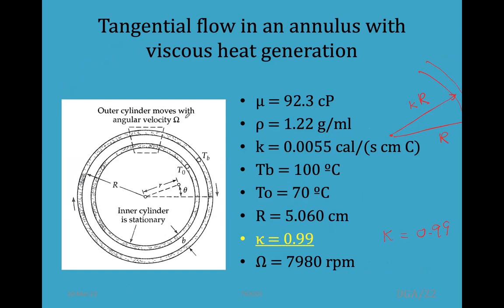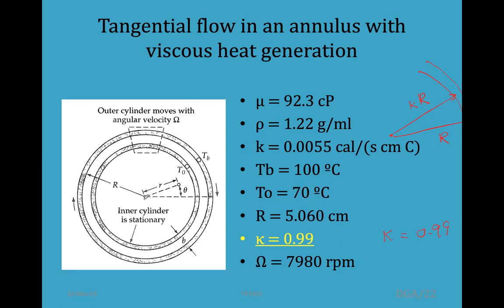We can substitute mu, let's say 92.3 centipoise, and rho. This is maybe oil or something, quite thick, thicker than water. And then this is the thermal conductivity. This is T_b; let's say T_b is 100 degrees Celsius. T_0 is 700 degrees Celsius.